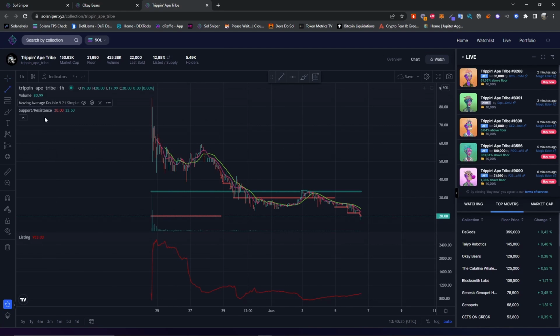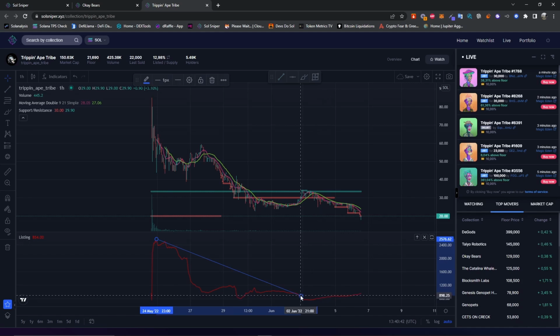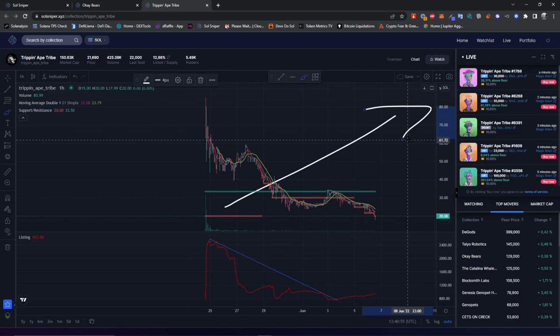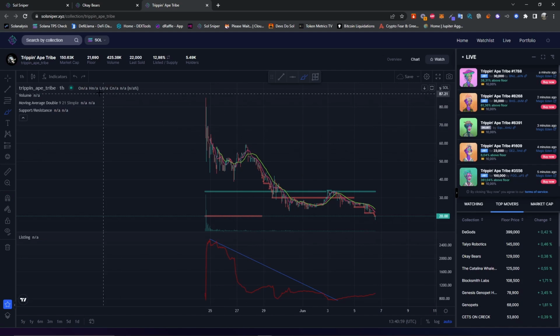Let's draw a trend line like that, which is normally a good thing if it goes down like that, right? Because if it goes down like that, normally the price should go up. But what happened here on Tripping Ape is something else.